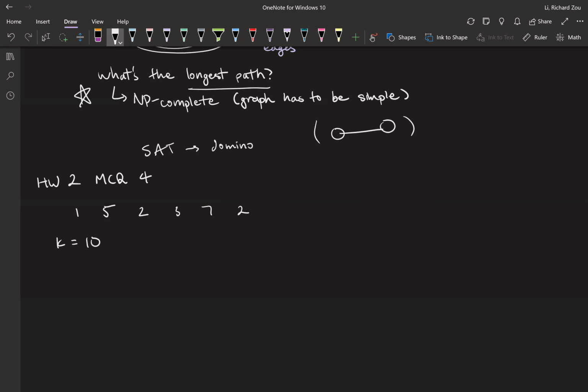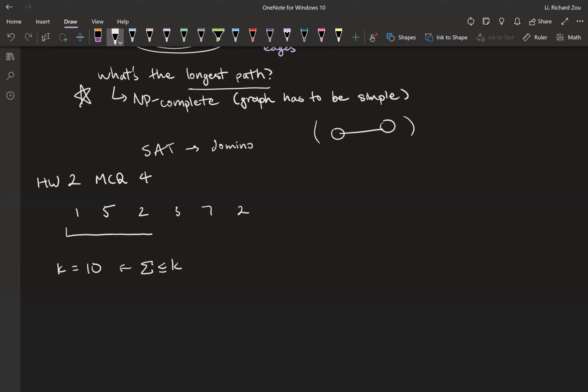We need to make sure that the sum of the numbers in each interval is less than or equal to 10. All we can do is iterate through and try to find subintervals with sum at most 10. So for example, 1 has to be in a subinterval. 1 plus 5 is 6.